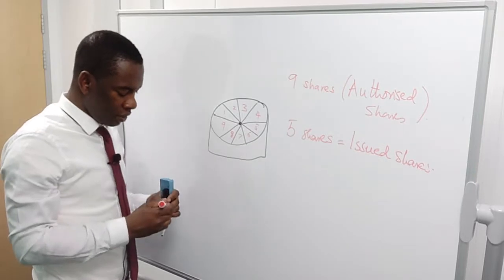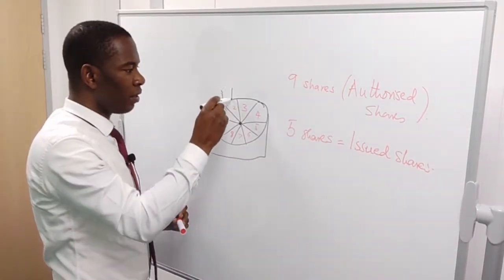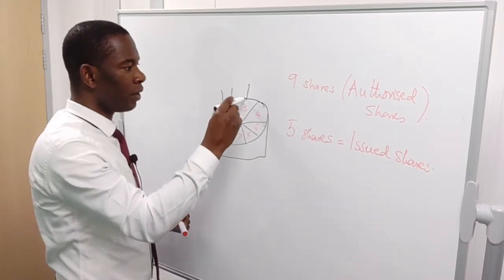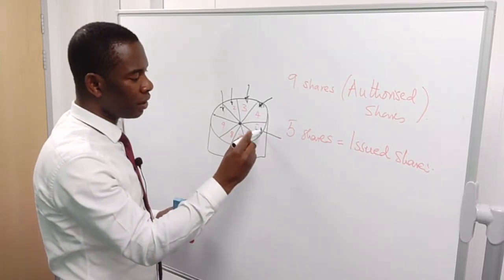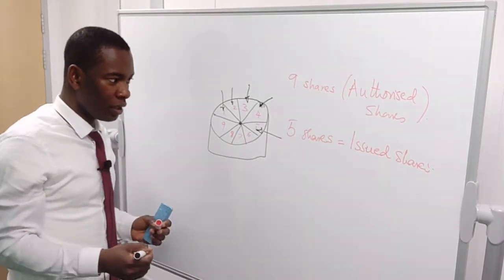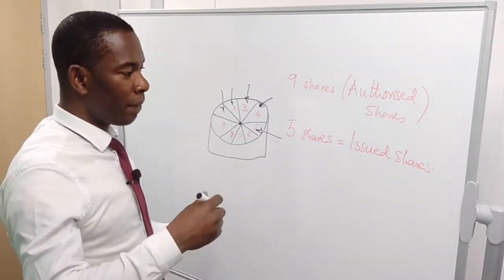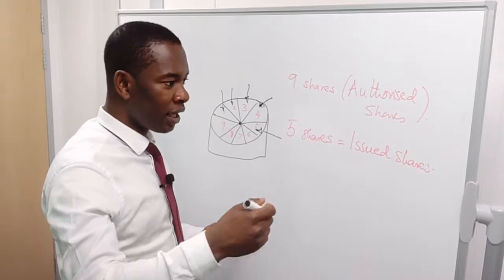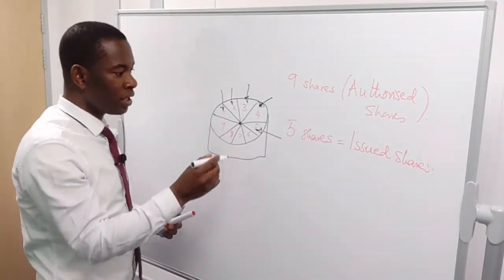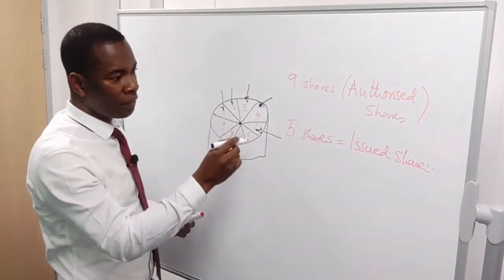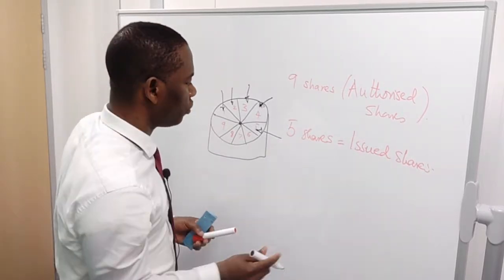So it means these, that, and finally these ones have been issued and sold. So people have paid for it, they have assumed ownership of it. So all these ones that have been paid for and given out are called the issued shares.